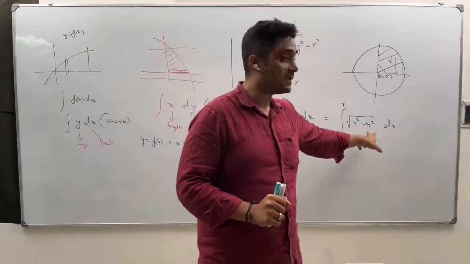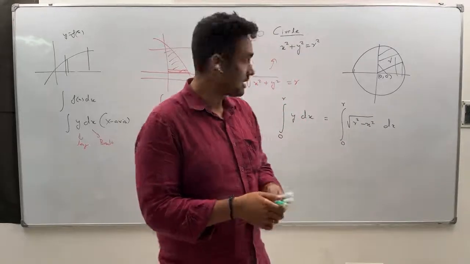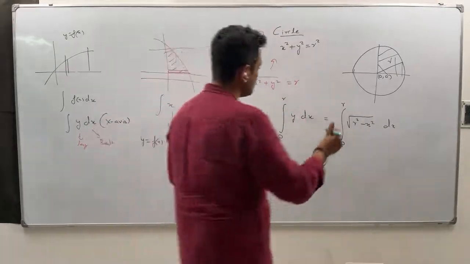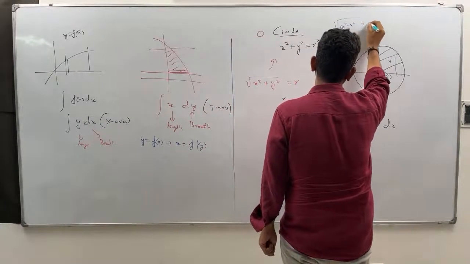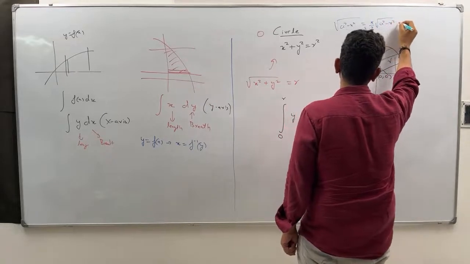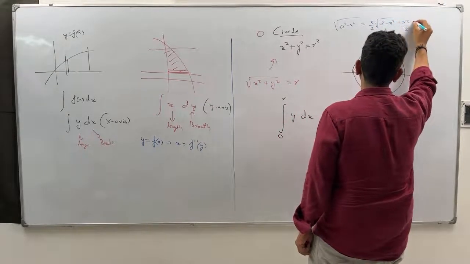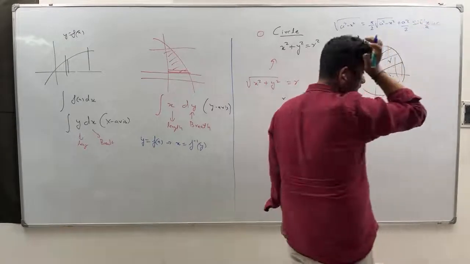It is a square minus x square, right? Okay, I'll write down the formula so that you do not get confused. It is this. Root over a square minus x square will be x by 2 into root over a square minus x square plus a square by 2 into sine inverse x by a plus c.